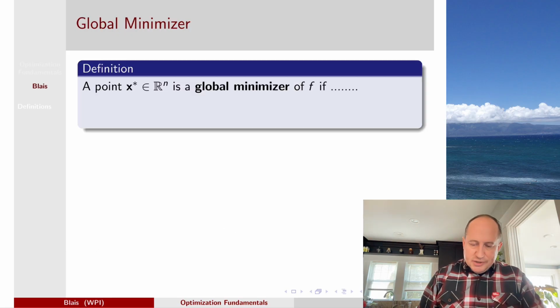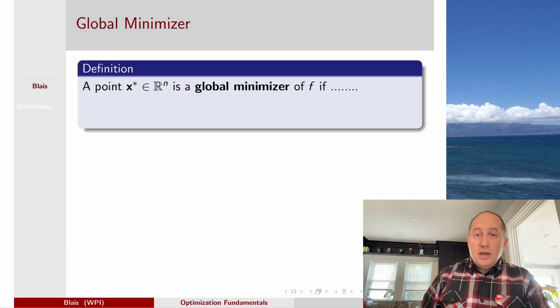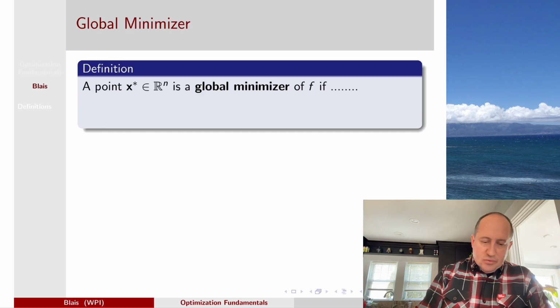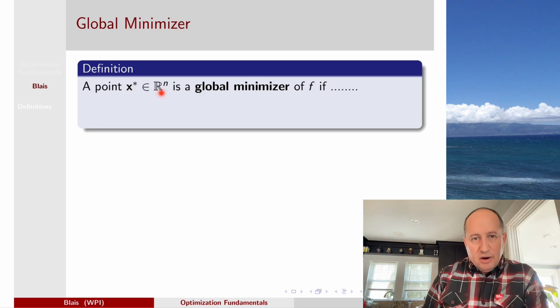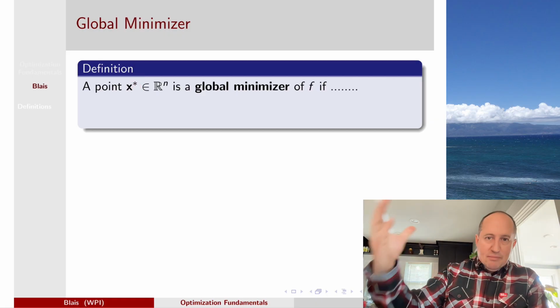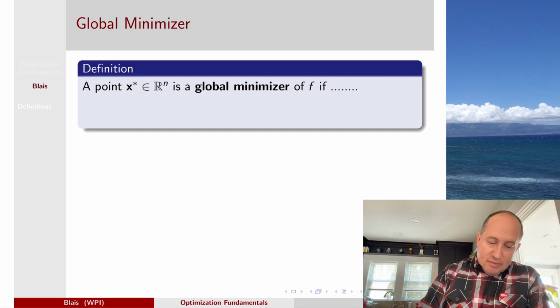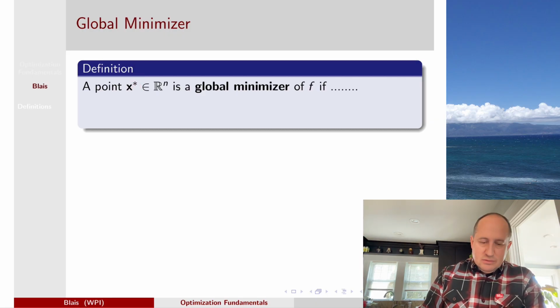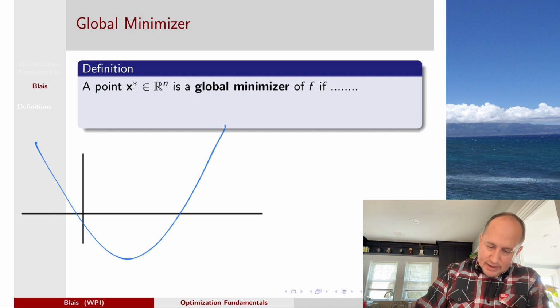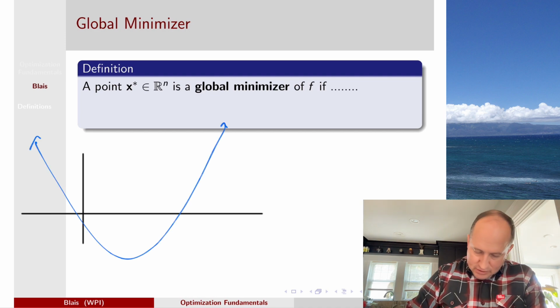Our first definition is that of a global minimizer. So we say a point x star in Rn, and we usually write a star as a superscript for a minimizer, is a global minimizer if our function has some global minimizer, x star.